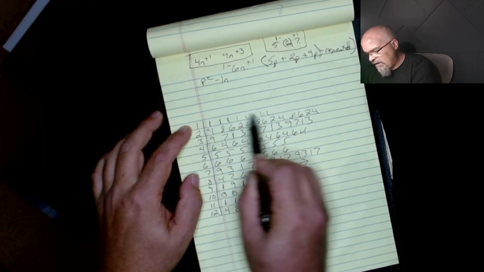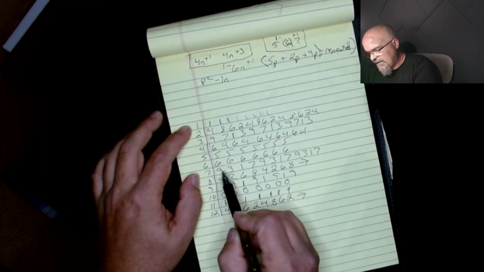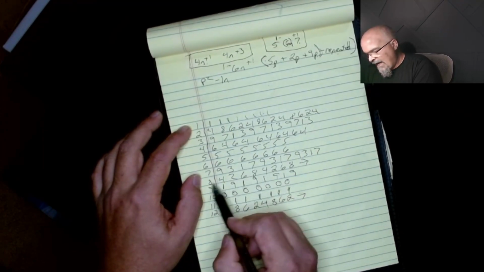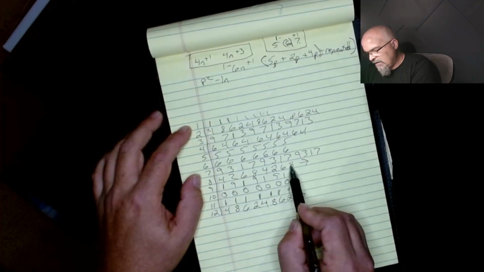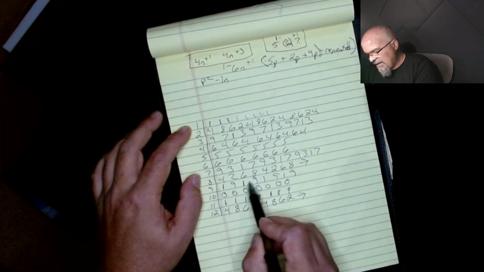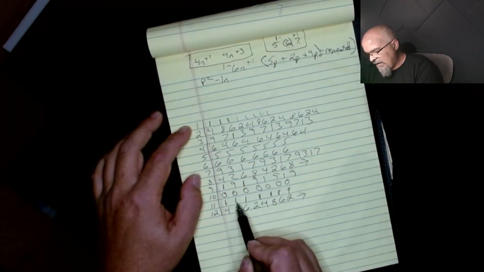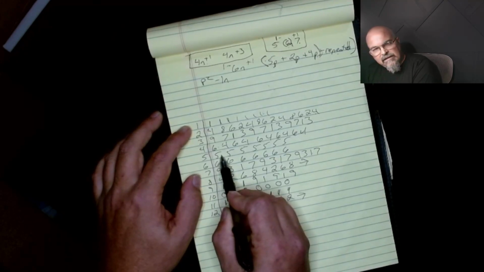So all 1s would then match with all 7s because 7 is 9, 3, 7, or 1. 8 would be these numbers, not prime. 9 would match with 3. 10 would match with 4, can't be prime. 11 would match with 5, right?